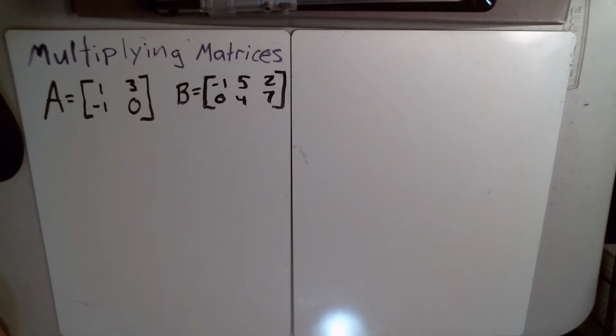In this video, we're going to be learning how to multiply matrices. So we've done adding matrices, subtracting matrices, and also multiplying matrices by scalars or just numbers, right? And so what we're going to do in this is how do you multiply matrices together?